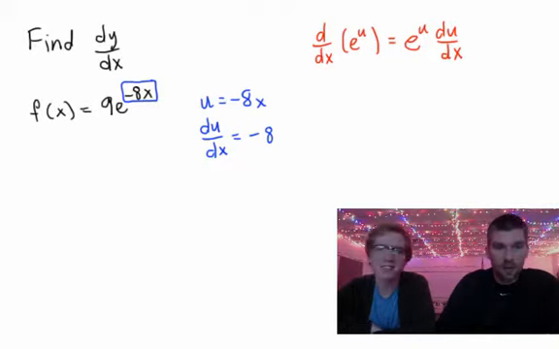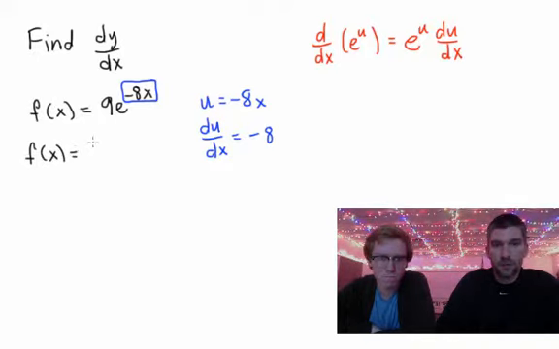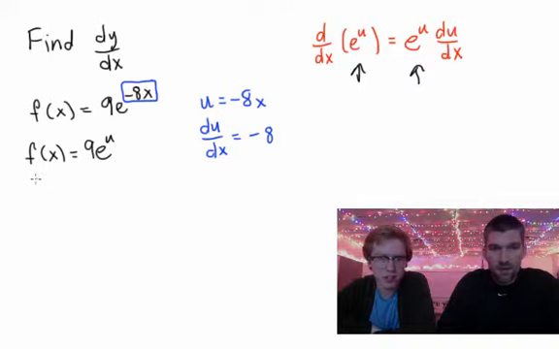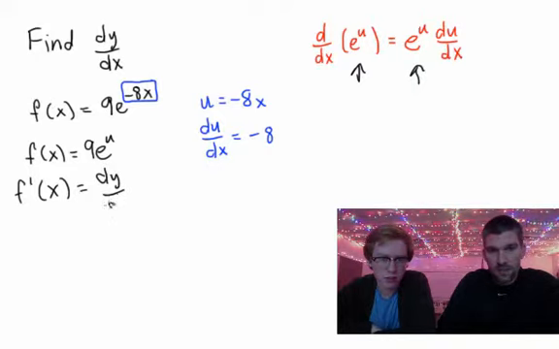Okay, so let's rewrite what we've got here with my u in there. So f of x is equal to 9 times e to the u. Bingo. There we go. Now, being relatively new to calculus, are these two things the same thing?